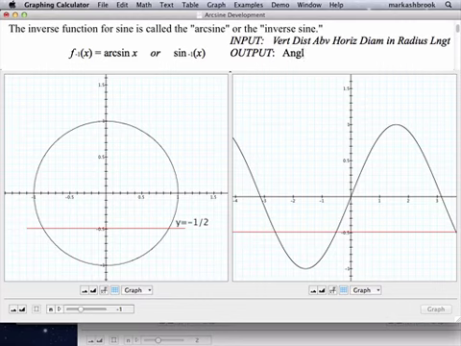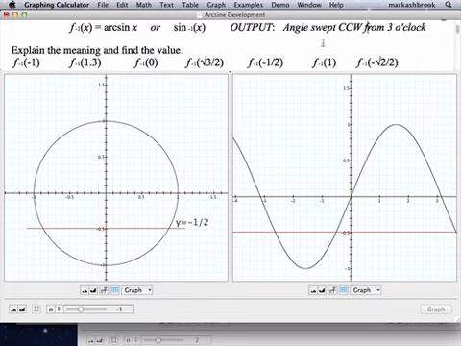Angle? Good. Excellent. So that's key. The very first thing we have to learn about arcsine is that what goes in is a vertical height. What arcsine is going to give us then is a corresponding angle.